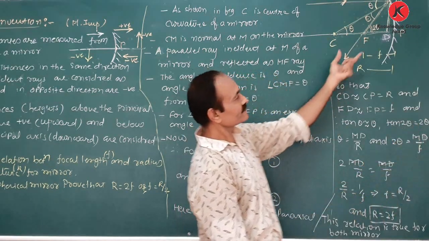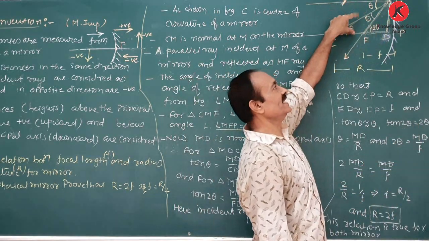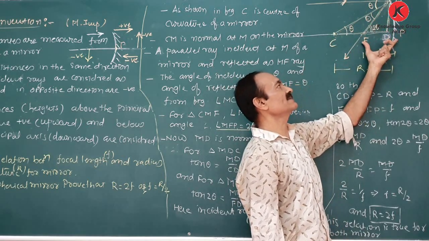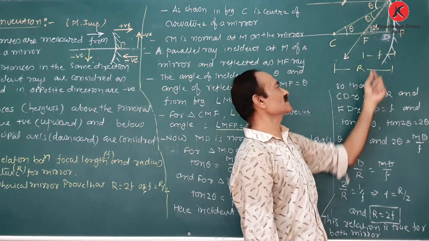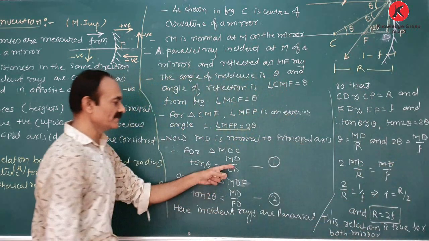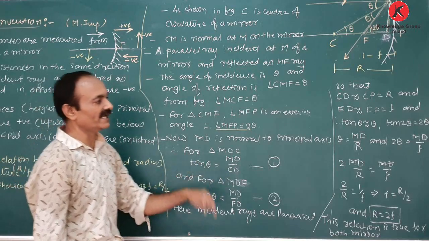Also, if the incident ray is axial, then this distance FD is the same as FP, that is f, and CD is also the same as CP, that is R. Now we substitute this in equations 1 and 2.